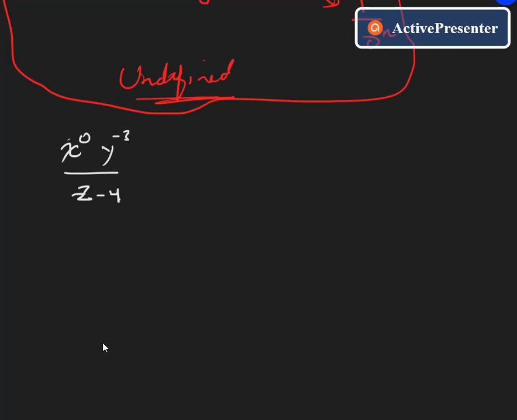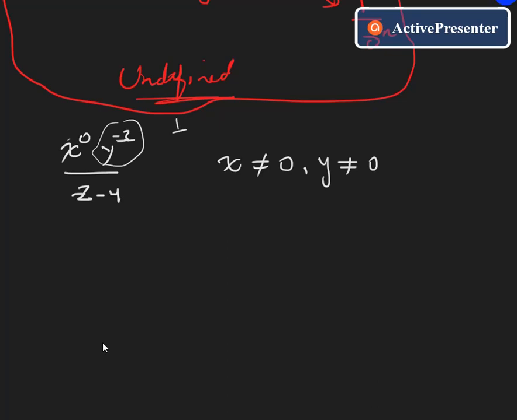Here x cannot be 0 because this will be 0 to the power 0, and y cannot be also 0 because here y is to the power of a negative number.